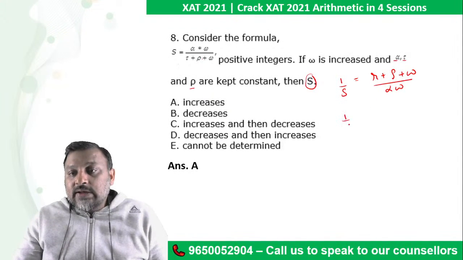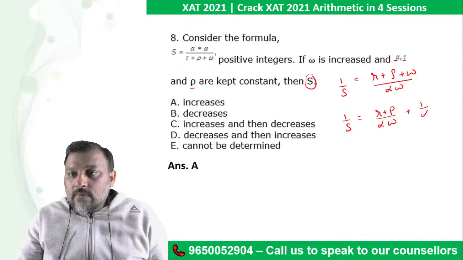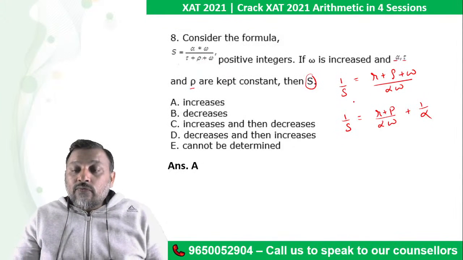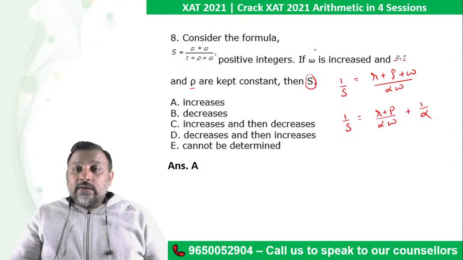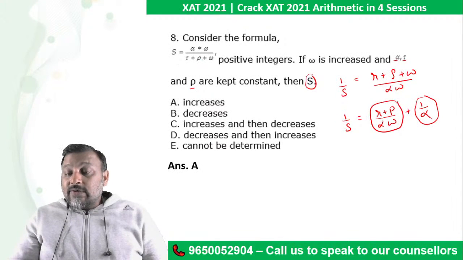Which can be written as this. So we know if I increase omega, this will not change, but this quantity will definitely decrease. This will go down. And since this will go down, can we say 1 by S will go down?